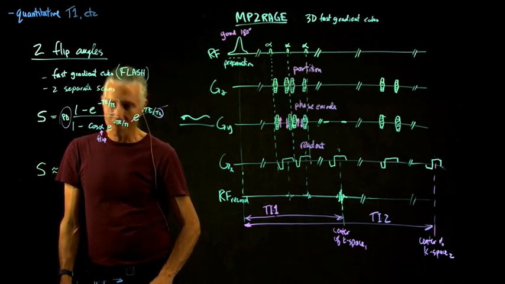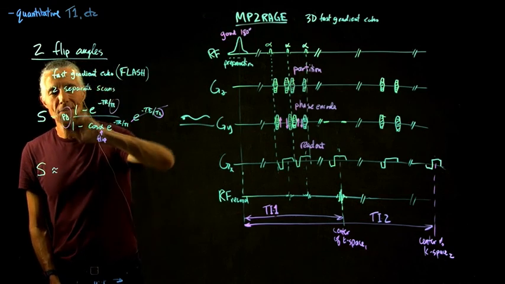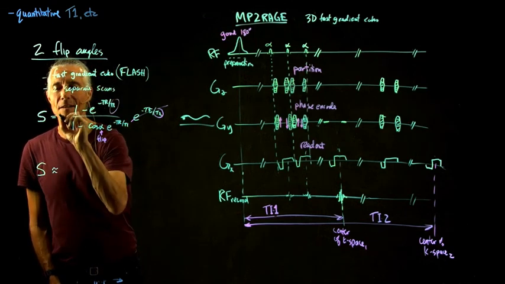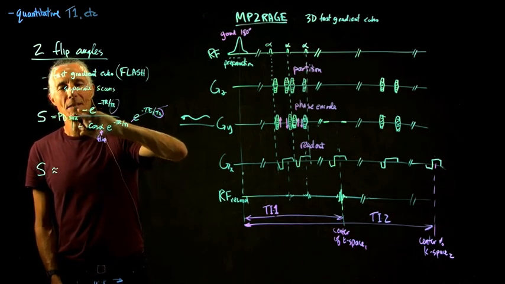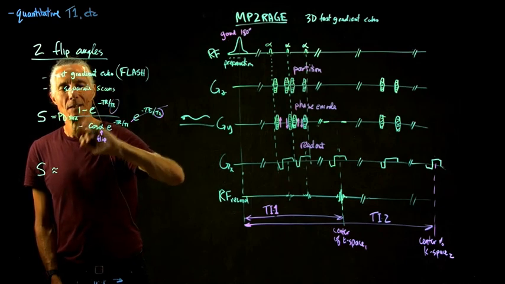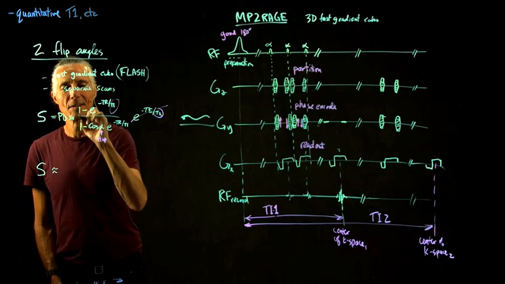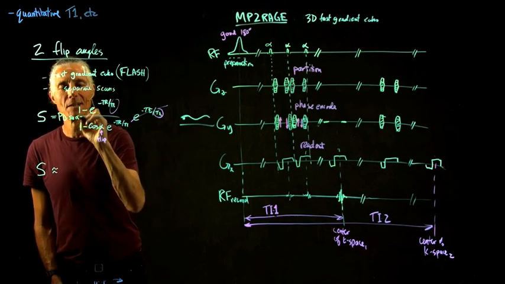Oh, I forgot the sine in here. There's proton density times sine of alpha. Sorry about that. Yeah, there's a sine of alpha in there.